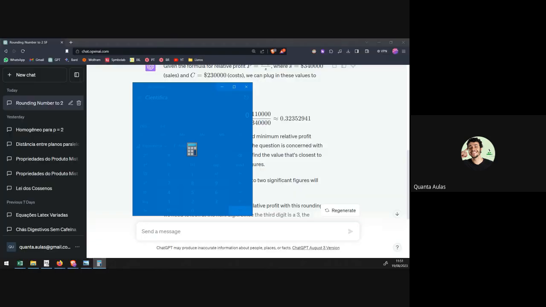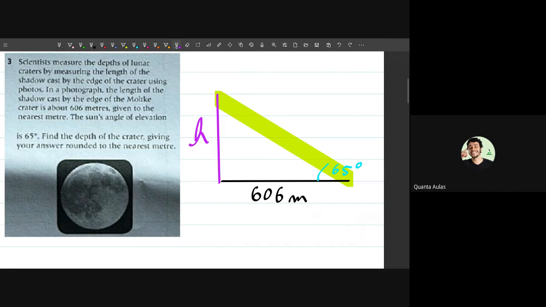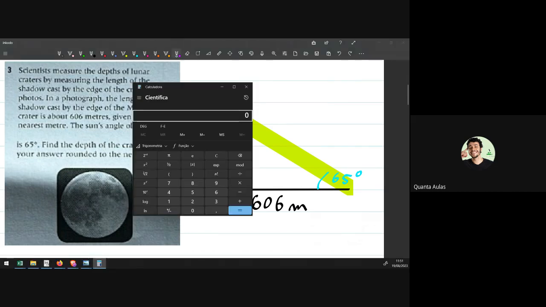I really don't know, but I think you are right. My calculator, 65 tangent, 2.1. Ah, yeah, 2.1. This is the tangent, but you need the height.